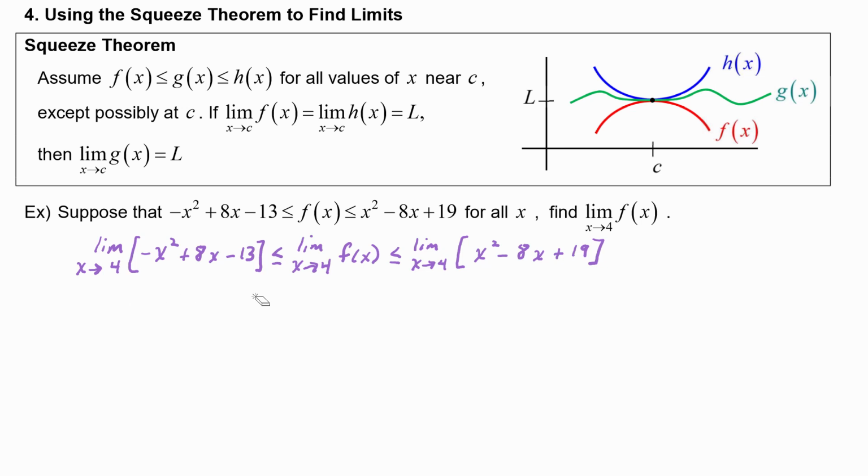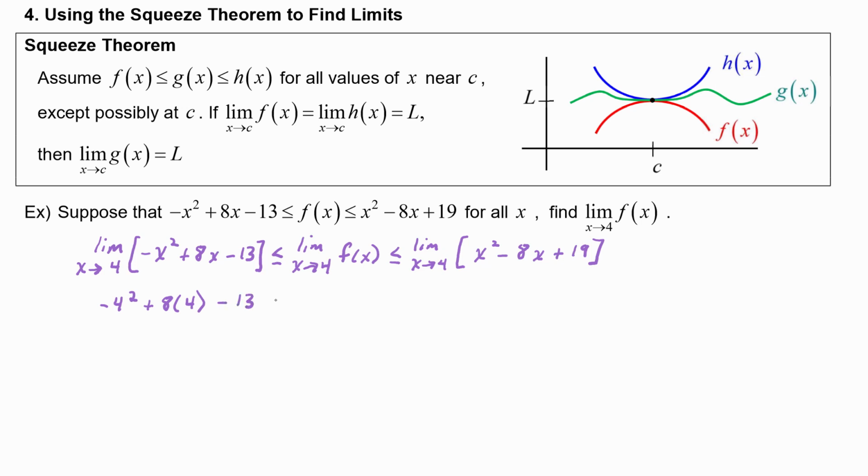For this first term, we have a polynomial, so we can do direct substitution, and we get negative 4 squared plus 8 times 4 minus 13.